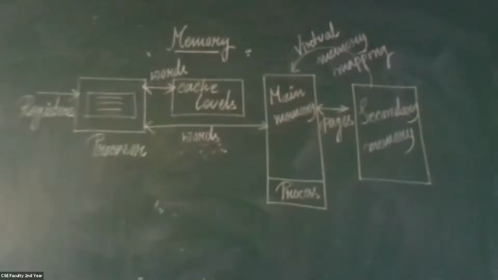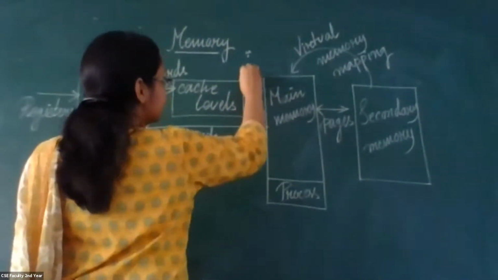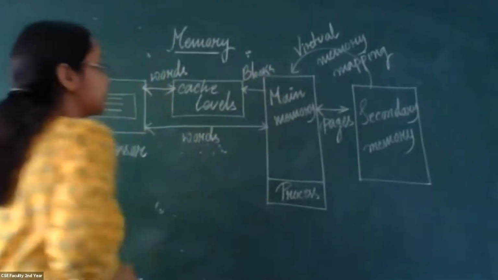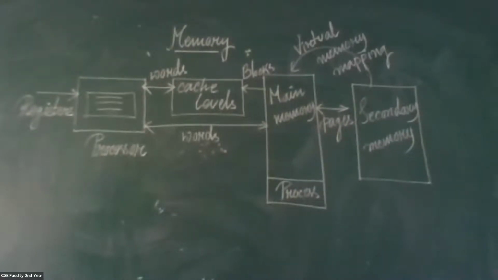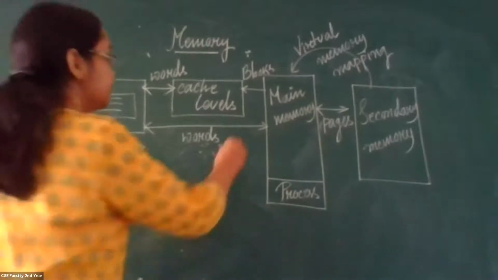Now you see the main memory is connected with the CPU and it is also connected with the cache. From main memory, information can come to the cache in the form of blocks or words.